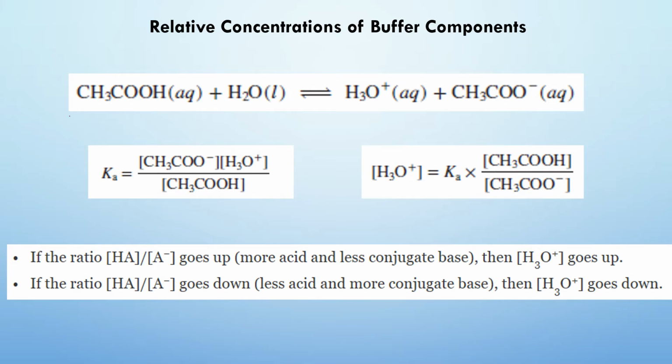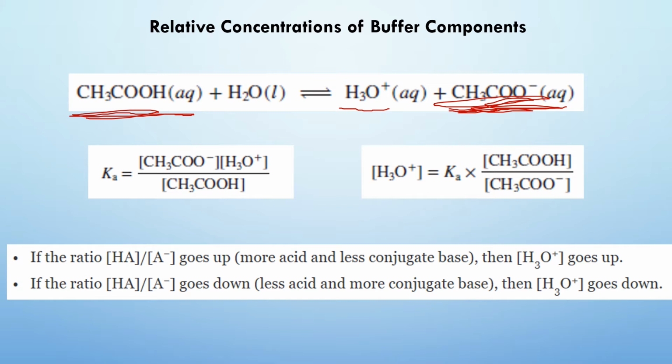For acetic acid, when it dissociates and generates proton and acetate, the percent of dissociation, or the amount of proton generated, highly depends on the relative concentration, or the ratio, of the acetic acid and the acetate, for this conjugate acid-base pair.